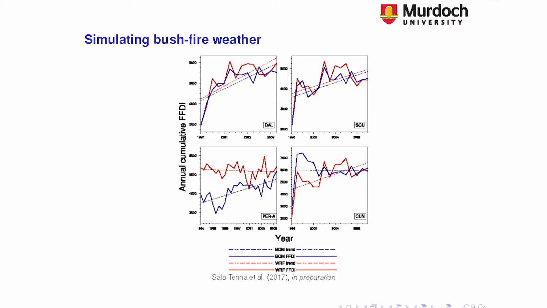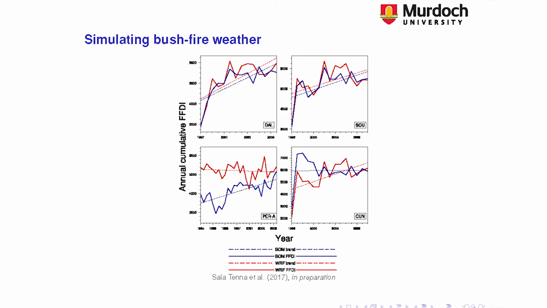So here I'm showing you an example of where the model does a good job, which is the top 2 plots, and where the model does a bad job, which is the bottom 2 plots. So the blue line is the observed, the red line is the simulated, where the solid line is just a time series of the actual value, and the dotted line is just a linear trend fitted to the time series.